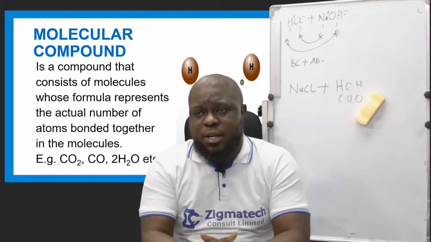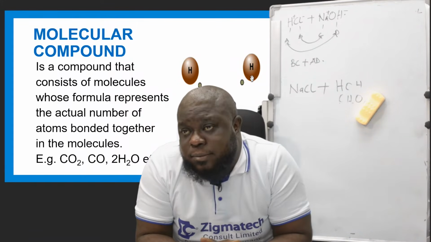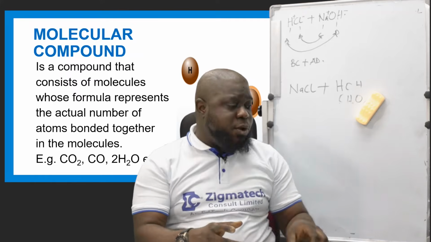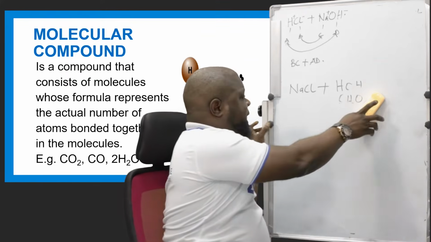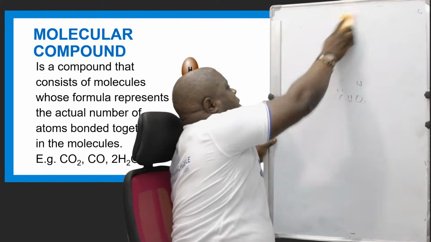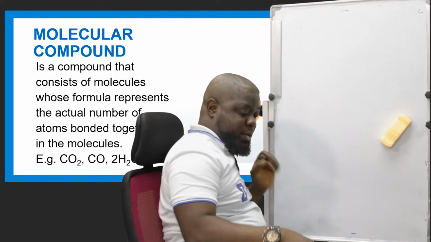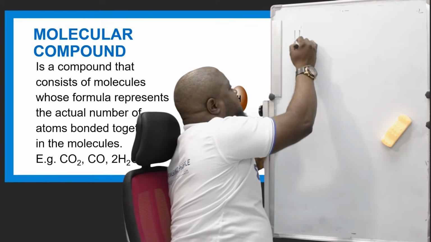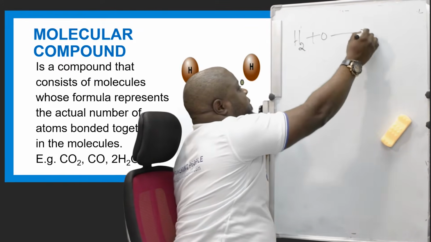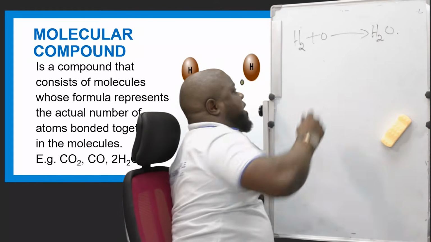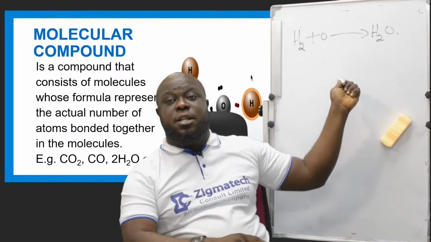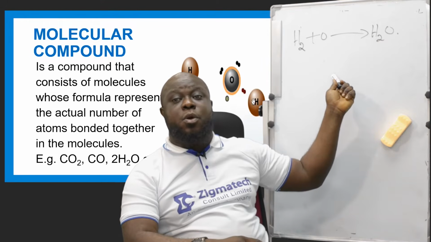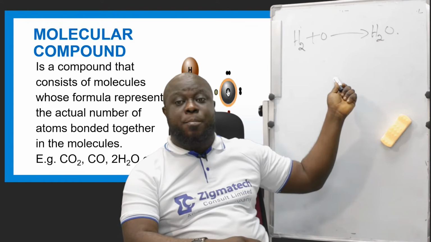If you see on your screen, what we used is water. Okay? Now, if you check the formation of water, it gives us H2O. If you check, it says the compound consists of molecules whose formula represents the actual number of atoms bonded together.